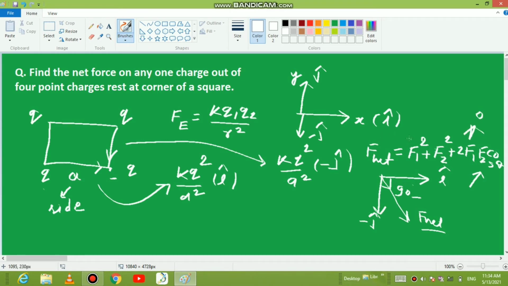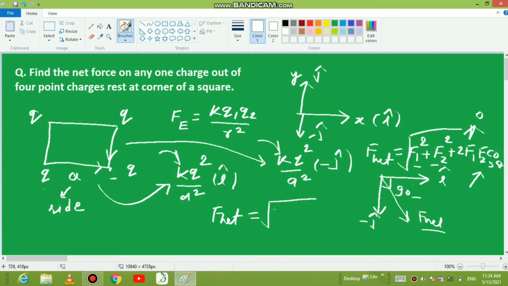And we can forget about the square root here, so the resultant value will be the square root of 2F square, since the magnitudes of these two forces are the same, so F1 and F2 are equal.